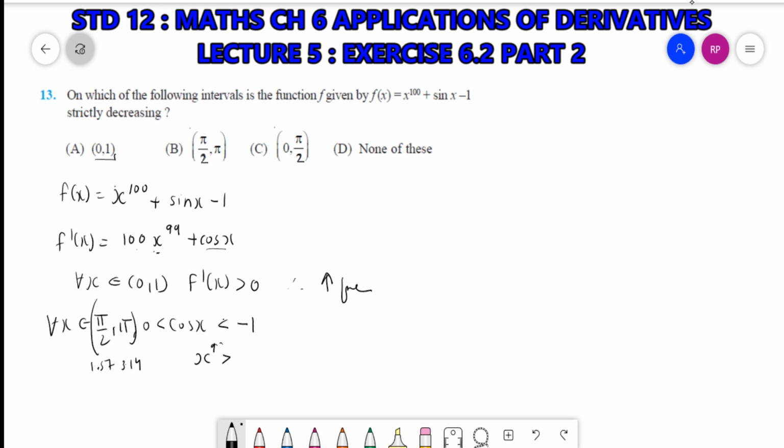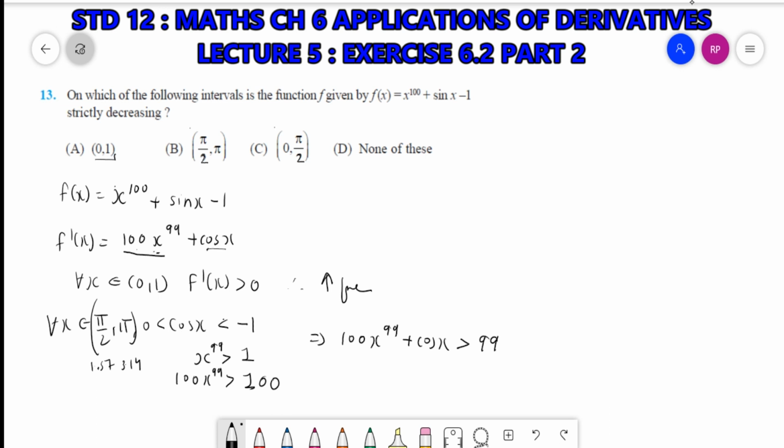That means x^99 is greater than 1. Multiply both sides by 100: 100x^99 is greater than 100. So you can see here, this will be greater than 100 plus the minimum value cos x can have, which is minus 1. So what does that imply? 100x^99 + cos x must be greater than 99.